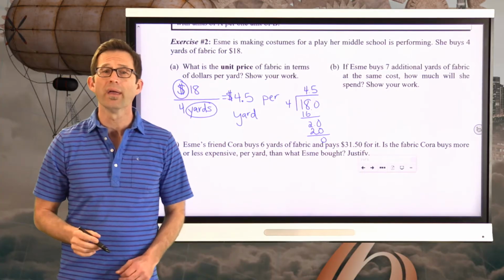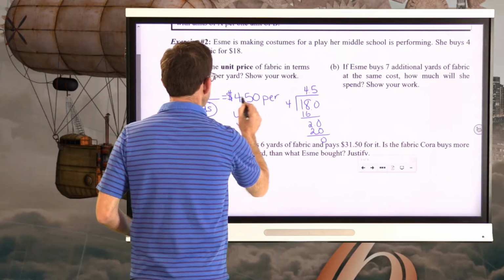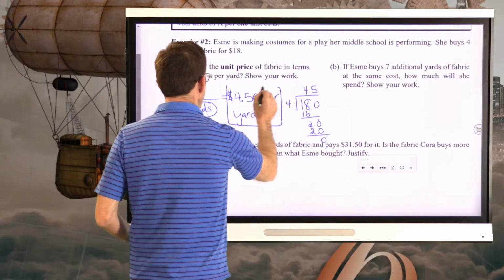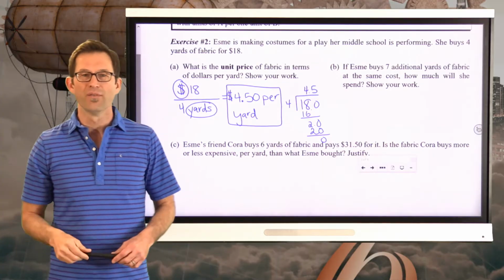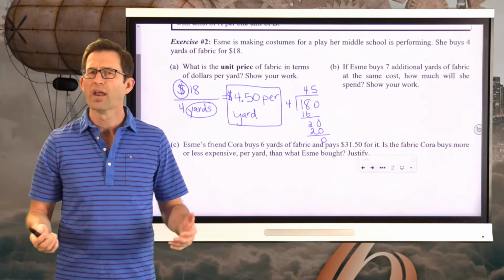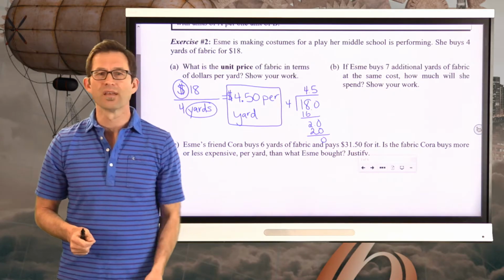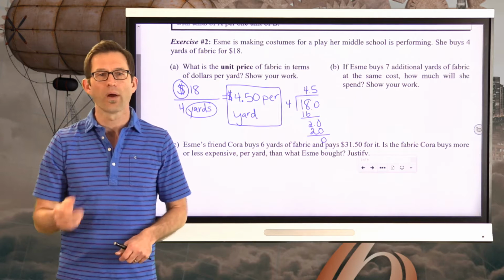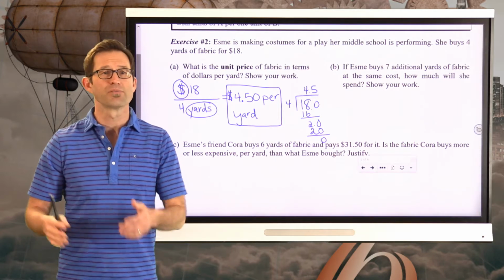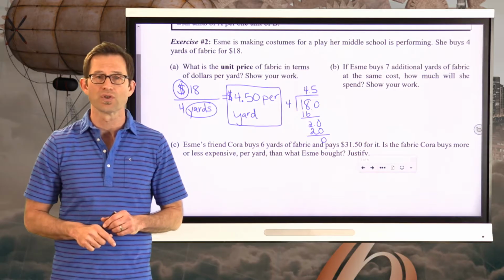You could do it that way, but we are talking about dollars and cents, so it probably makes more sense, literally, no pun intended, to write it that way. $4.50 per yard, right? A great example of a unit rate and one that hopefully makes a lot of sense to you. If I went out and I bought 4 hamburgers for $20, then I spent $5 per hamburger, right? It's super duper easy, literally the definition of division.